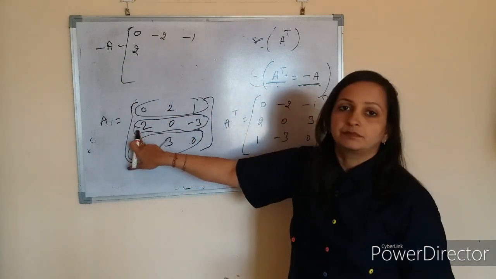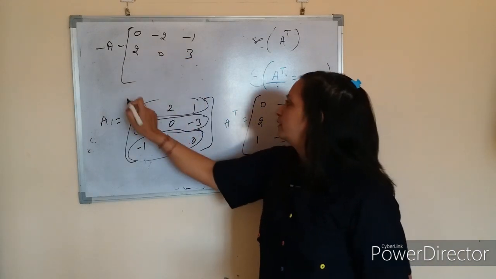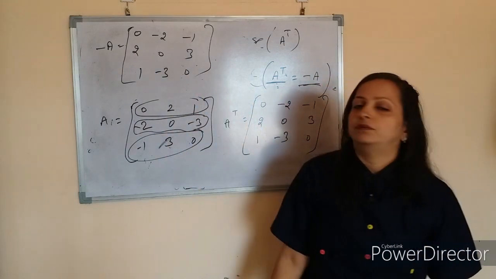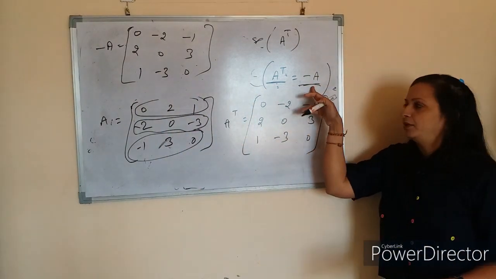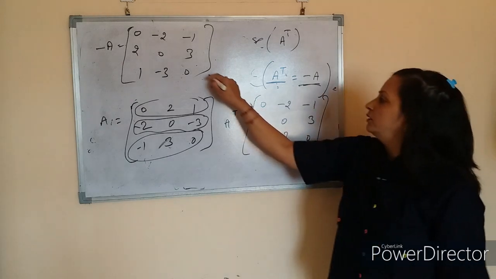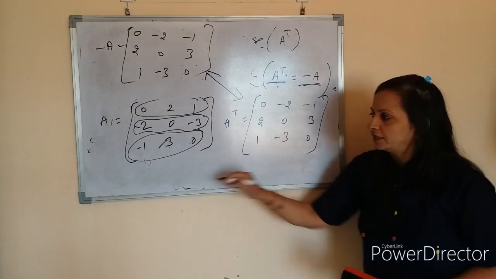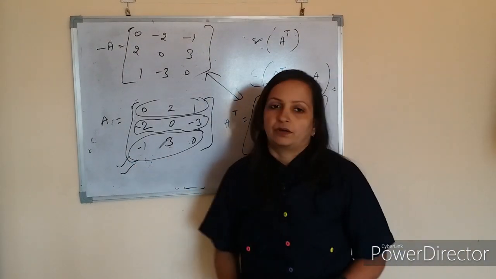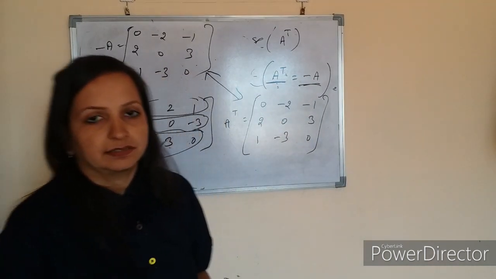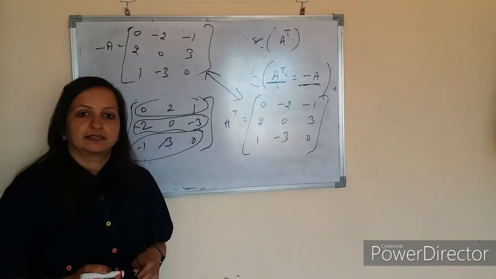What will I get? 0, minus 2, minus 1, then 2, because minus times minus is plus, then 0 and 3, and then 1, minus 3, 0. This is what I get when I apply minus A, and this is what I get when I apply A transpose. These two matrices are identical, so we can say that this is an example of a skew symmetric matrix.